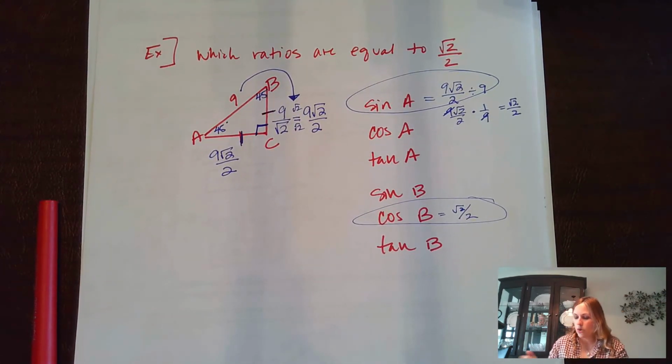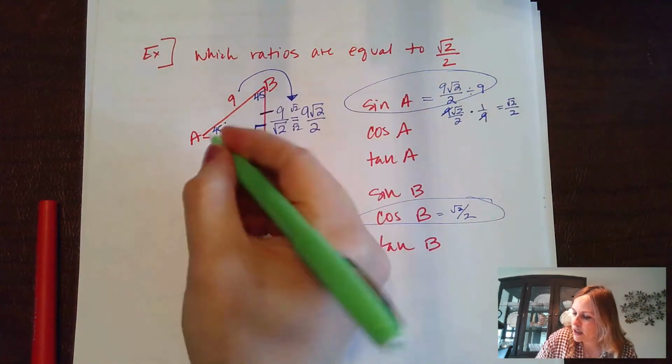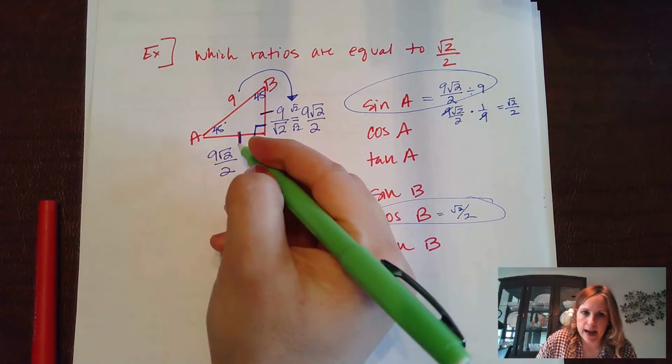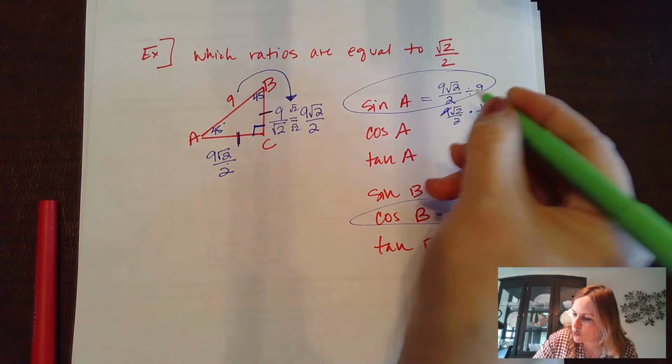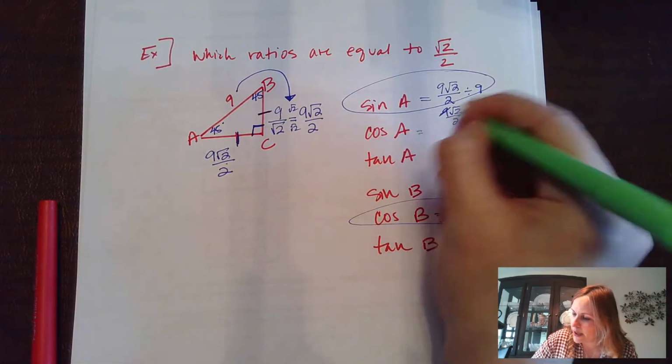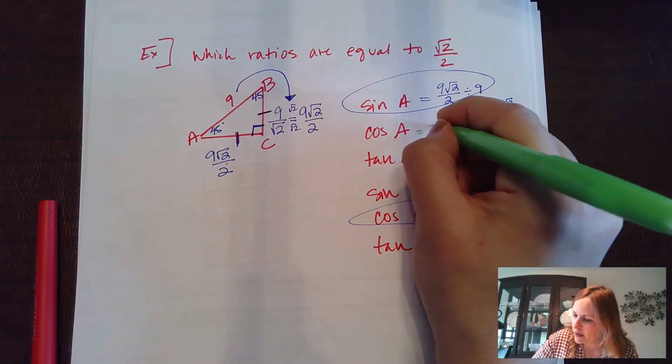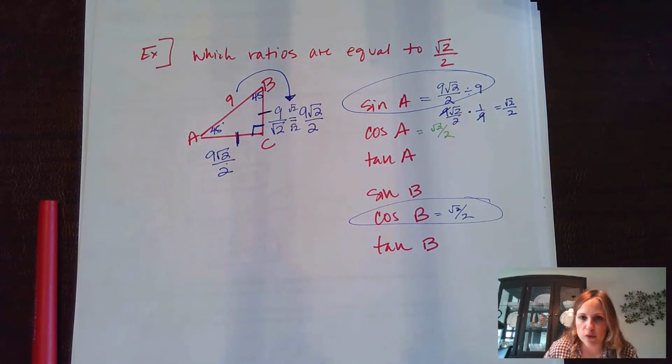All right, let's look at cosine of A. The interesting part about this is that since these side lengths are all the same, like adjacent and hypotenuse are the same, cosine of A would be the same ratio as I did here, 9 root 2 over 2 divided by 9. So rather than doing the work, I'm just going to rewrite the answer.